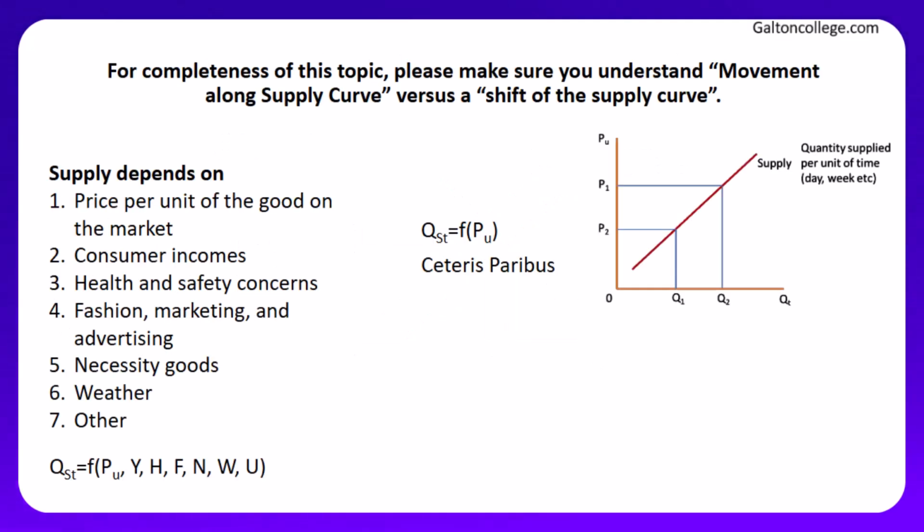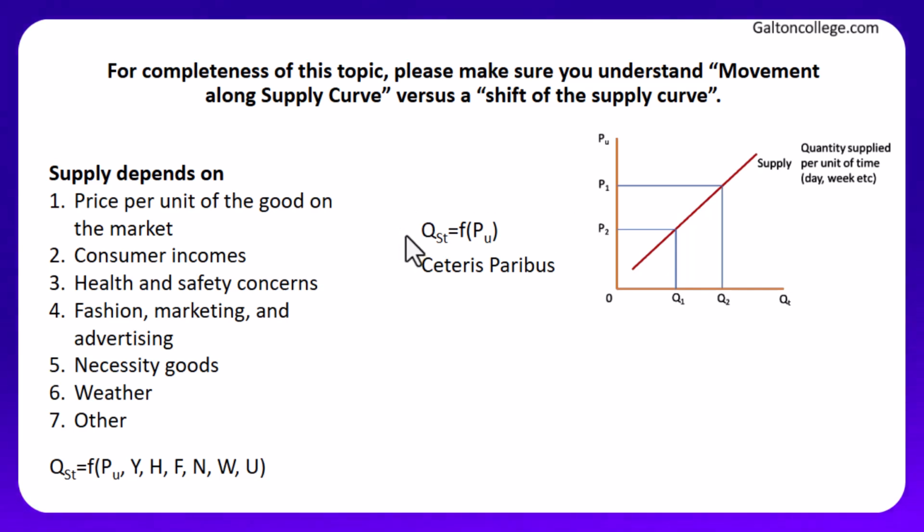So, the supply depends on many factors, and I've listed out some of them here. There might be more. It doesn't matter. The point is we know there are many determinants for it. And we also know that when we write these down in shorthand, like here, it doesn't become very nice. So we make it nicer by writing it up here like this.